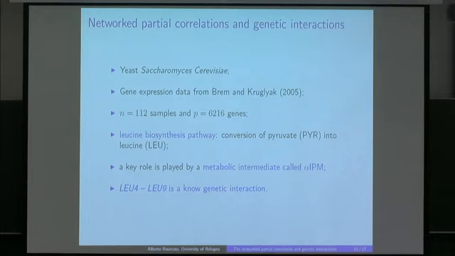Essentially, if you silence LEU4 nothing happens, silence LEU9 and nothing happens, but if you silence both genes, then there is a reduction in this metabolic intermediate, and the production of leucine decreases drastically, and so there is a problem with the fitness of the organism.